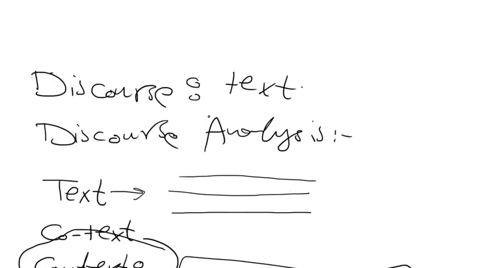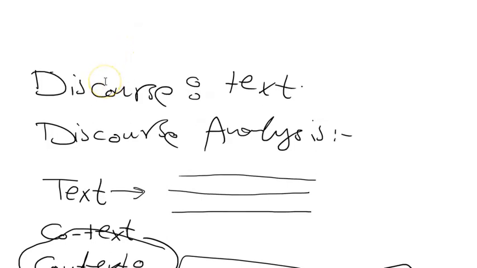Now, if we go through the word discourse, it means the text itself. It means the speech that I'm going to explain. The expression discourse analysis means the explanation of the text inside a context.